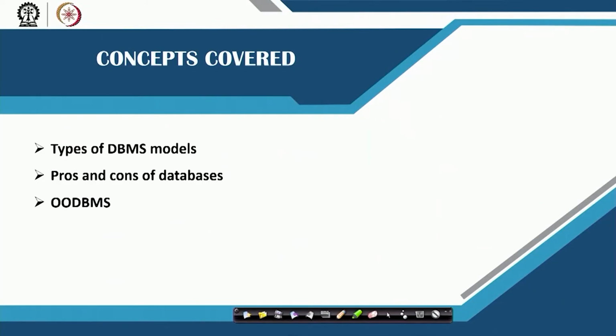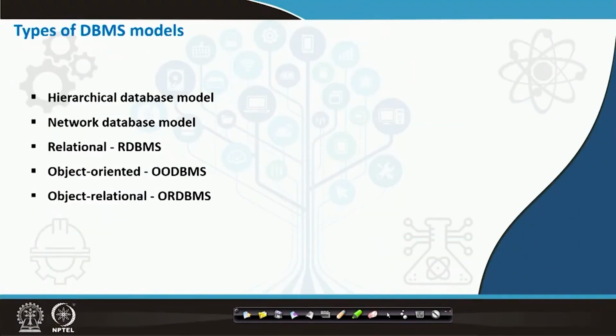Then we will get into object oriented database management systems, as the last concept in this lecture. The models available today are the hierarchical database model, the network database model, the relational database model, the object oriented database management system, and the object oriented relational database management system. These are very well known types of database management systems.